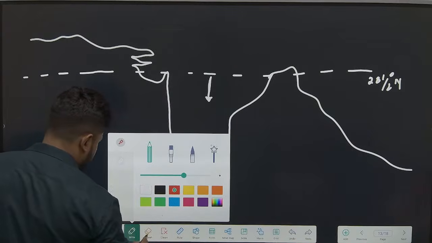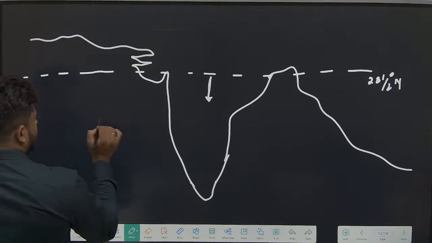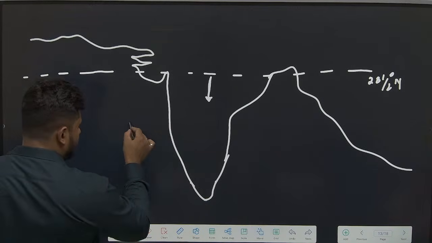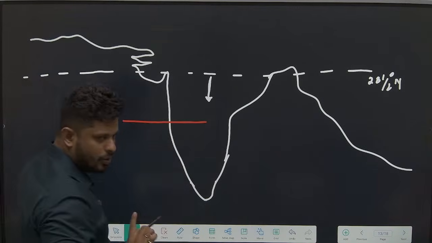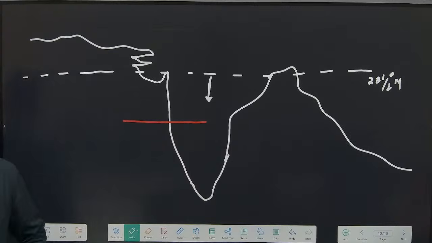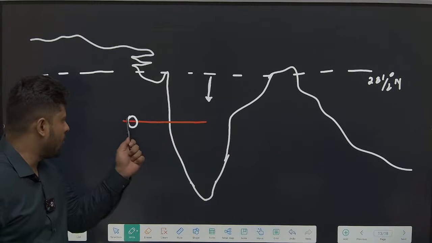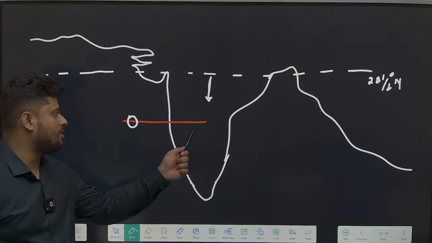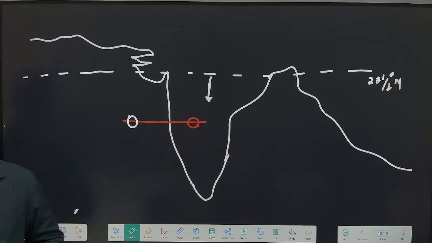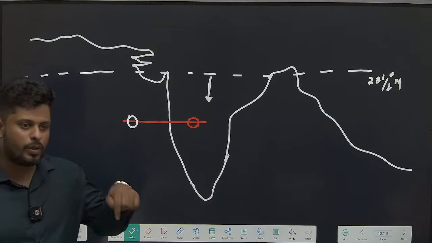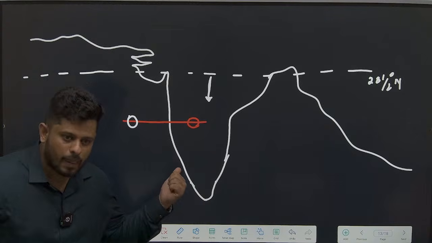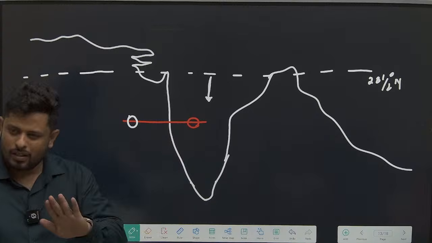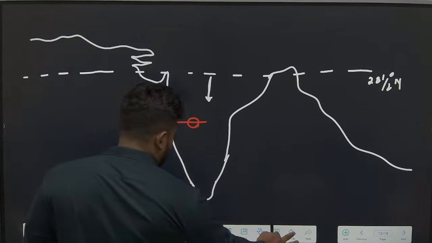What do I mean by this? If there is a higher amount of insolation on this latitude, whichever latitude this might be, can you say that this water will also get heated up to the same extent as this landmass? Is that possible? Definitely it will be different. Where can we expect the highest temperature really? On water or on landmass? Exactly. That's the logic. You got it.